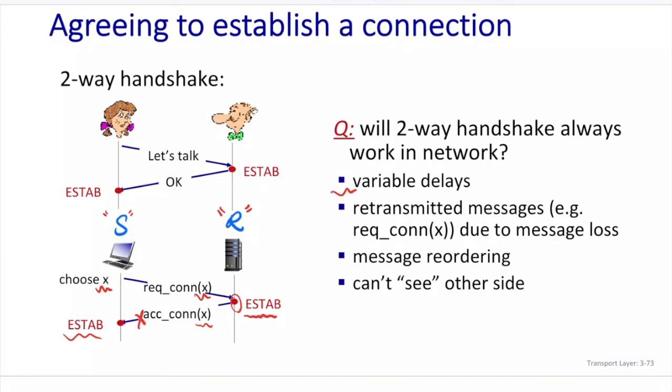Okay, and sometimes there are retransmitted messages. For example, if the sender sets a timer right here, and it eventually times out because it does not receive the agreement from the receiver, right?